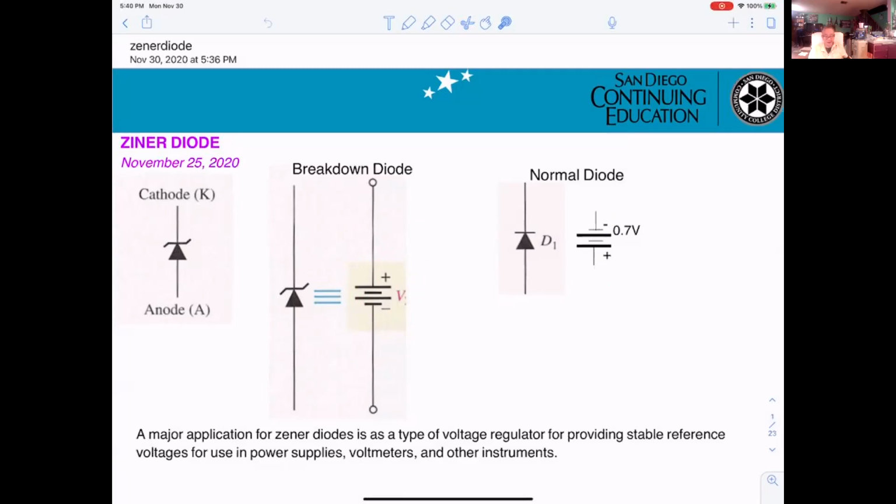When you see the symbol, you should recognize this is a Zener diode and must know how it is working: is it a breakdown, or is it working just like a normal diode? If you have any questions, just bring them up. We try to make it clear for you guys.